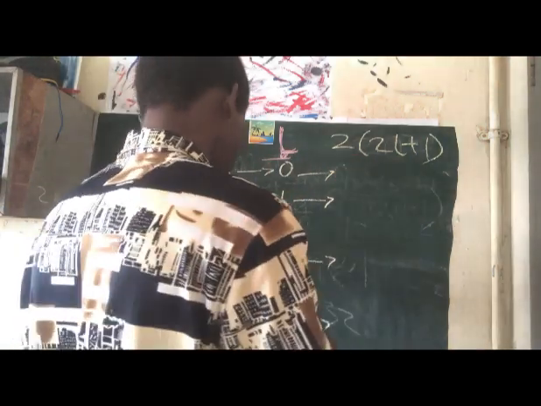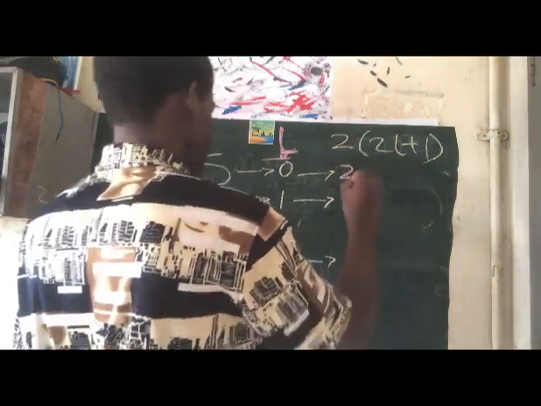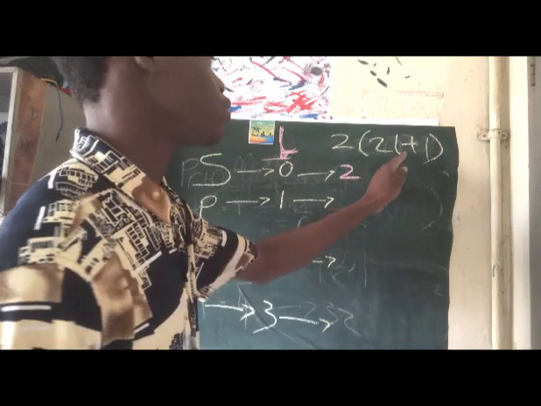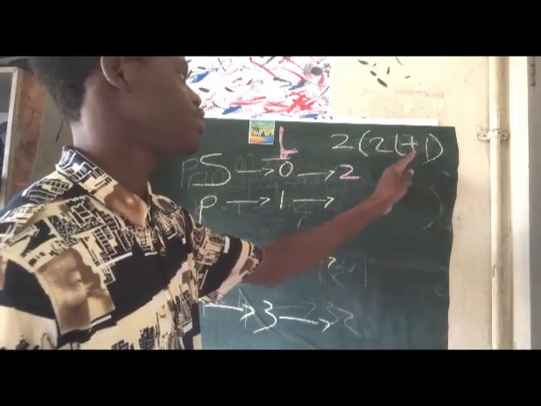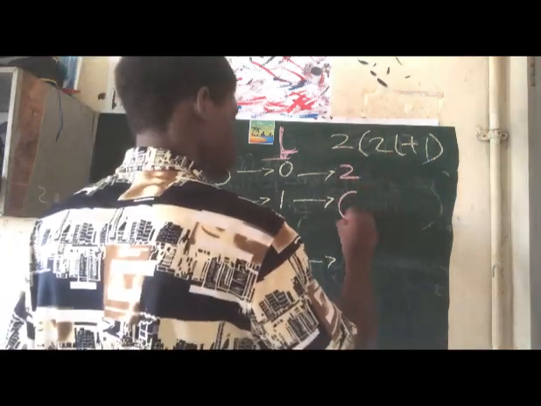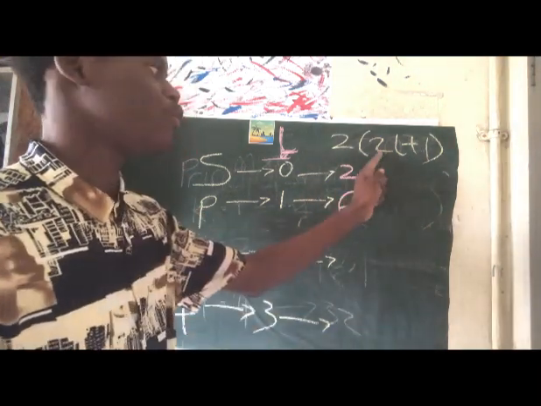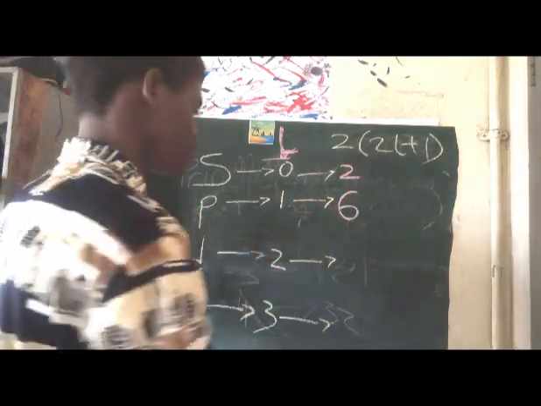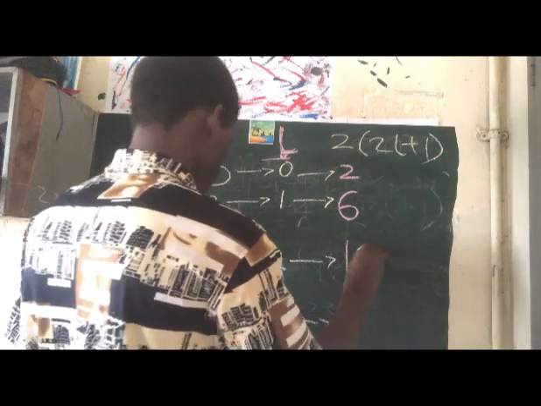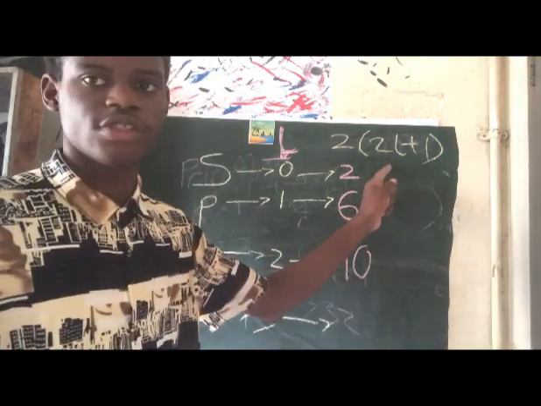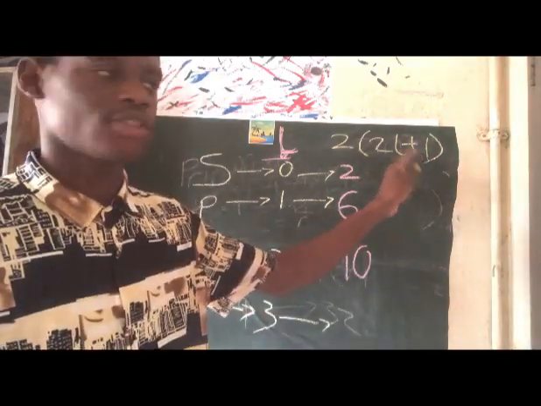That's 2. P is 1: 2 times 1 is 2, 2 plus 1 is 3, 3 times 2 is 6. That's 6. D is 2: 2 times 2 is 4, 4 plus 1 is 5, 5 times 2 is 10. And F is 3: 2 times 3 is 6, 6 plus 1 is 7, 7 times 2 is 14.